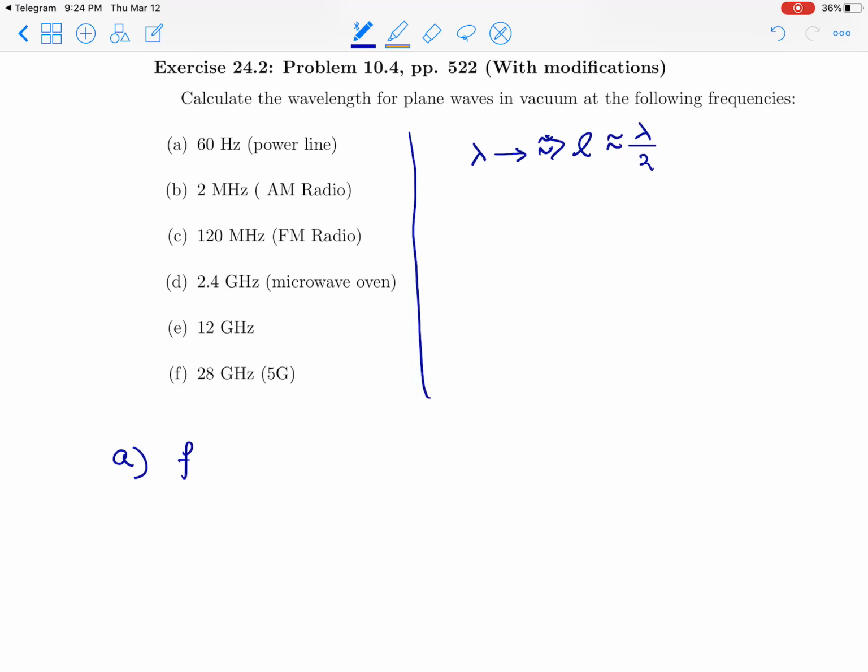So A is, we can use this formula to find the wavelength, which is 5 times 10 to the power 6 meters, or if we want to express this in kilometers, 5 times 10 to the power 3 kilometers.